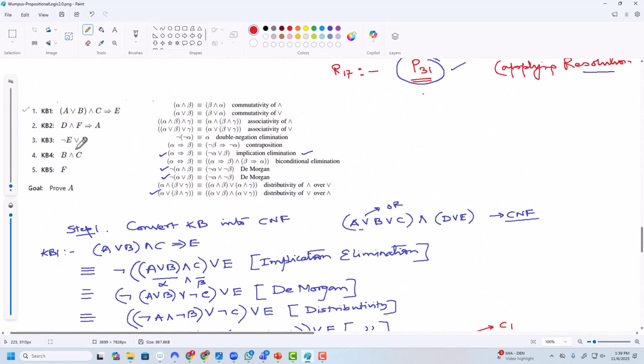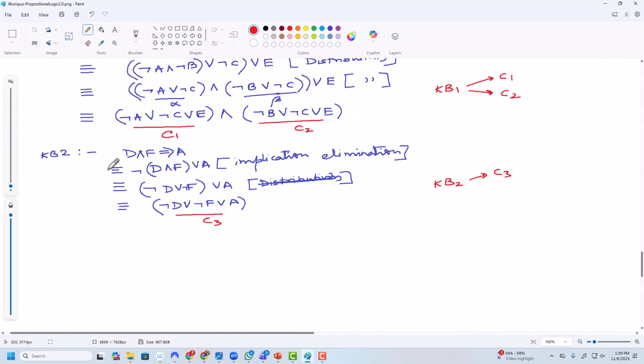KB3 will have not E or D. That's already in CNF form, not E or D. So that we call a clause C4.